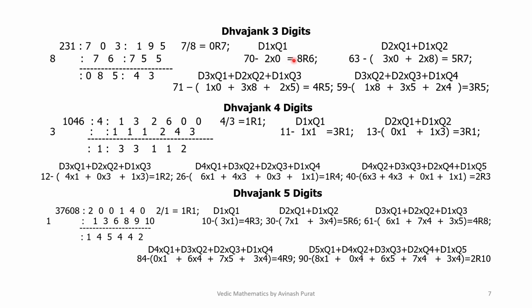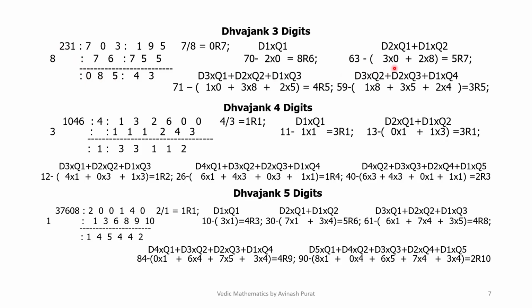So that gives us quotient 8 and remainder 6. Now 63 is the next dividend minus D2 into Q1 plus D1 into Q2. So 63 minus 3 into 0 plus 2 into 8.